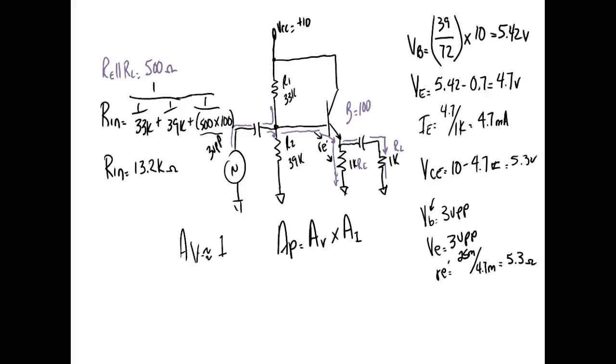That makes sense? But this guy right here is 1. So basically, if we can calculate our current gain, then we can calculate the power gain. And this is not measured, this is computed.